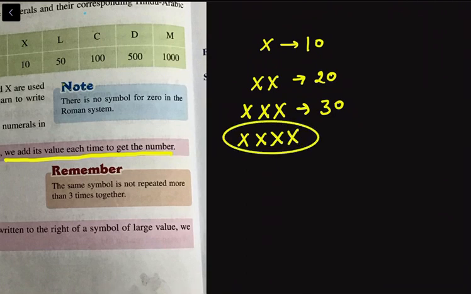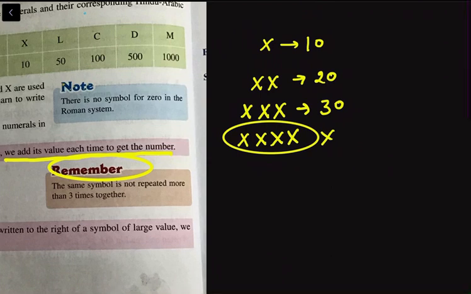If we write X four times, there is no meaning to it, because we can't write any Roman numeral more than 3 times. We can write Roman numerals 3 times only, not 4 times or 5 times.